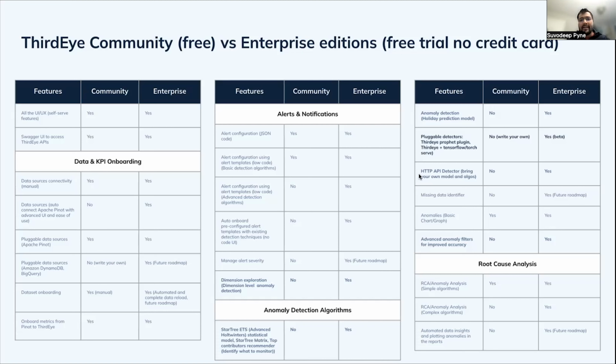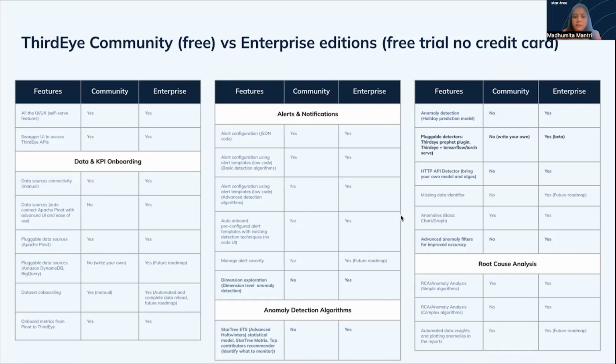Madhu, do you want to add anything here or any call outs? No, I think you covered it pretty well. These are our differentiated features, some of which are available only in enterprise editions, but there are also a good amount of features available in community edition for someone to start monitoring and alerting.